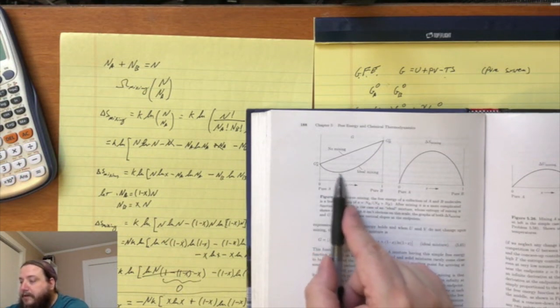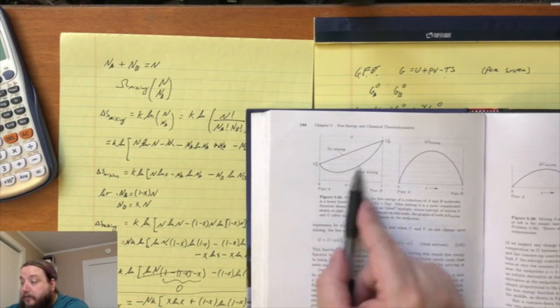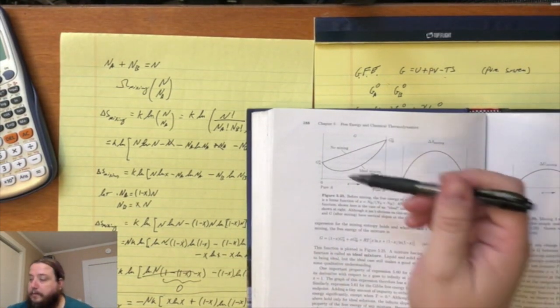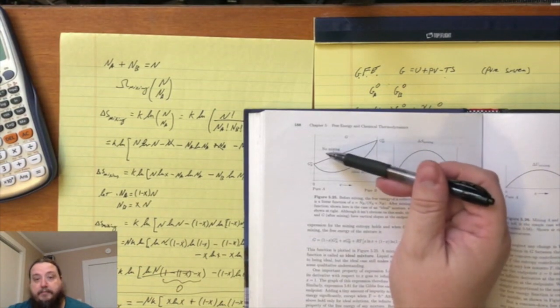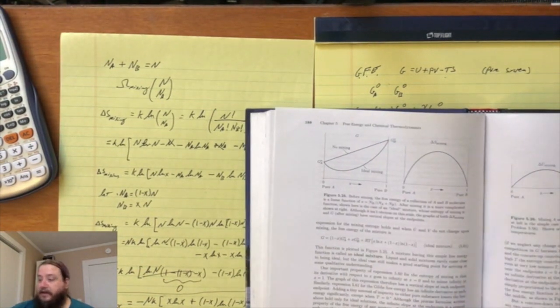There will be some minimum down here, but in general, the mixed case will have lower Gibbs free energy than the unmixed case.